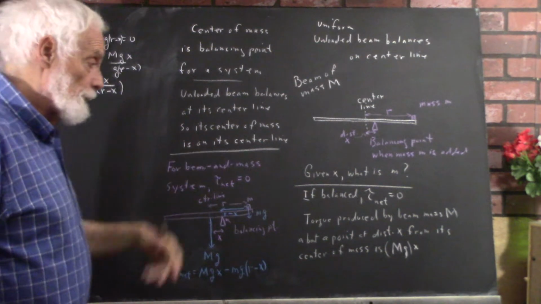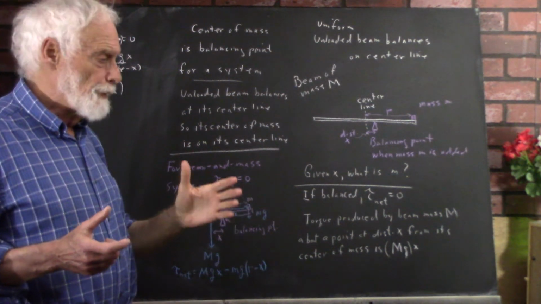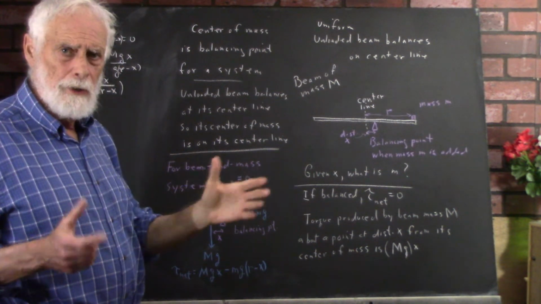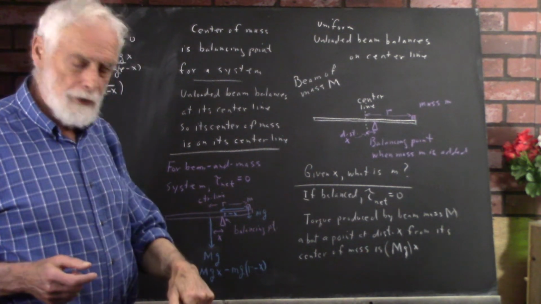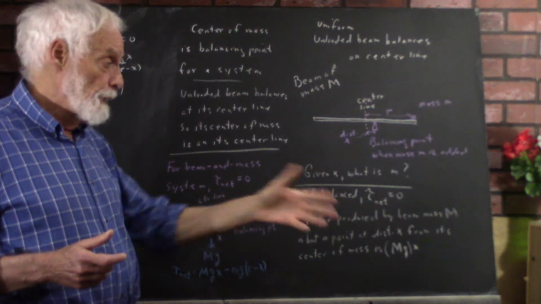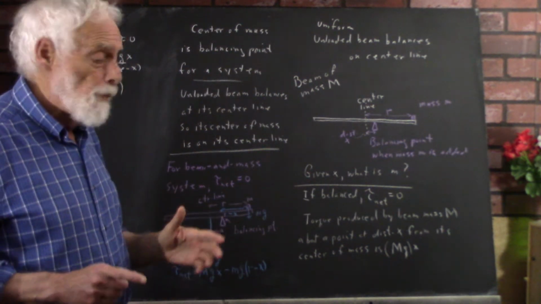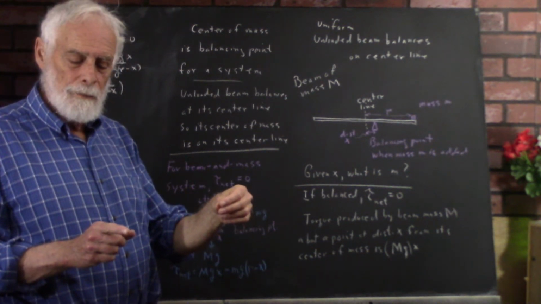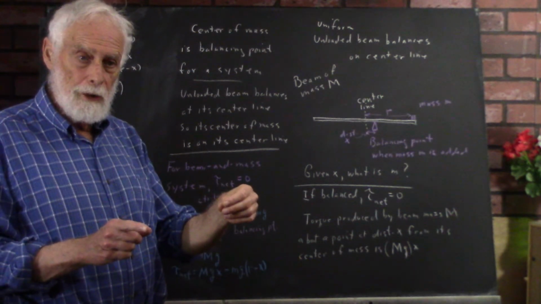Now, in the case of this, I know the mass of the beam is somewhat less than 100 grams. I think it's around 90 grams. I estimated that the center of mass of the domino was about 12 centimeters from the center line. And when the domino was placed on the beam, the balancing point moved about 2 centimeters.